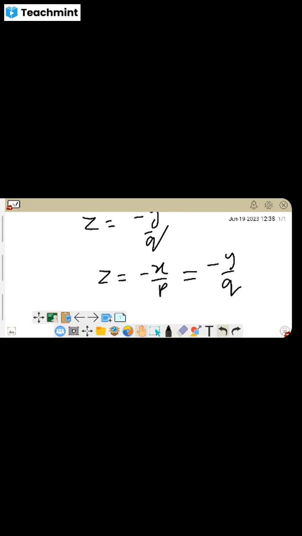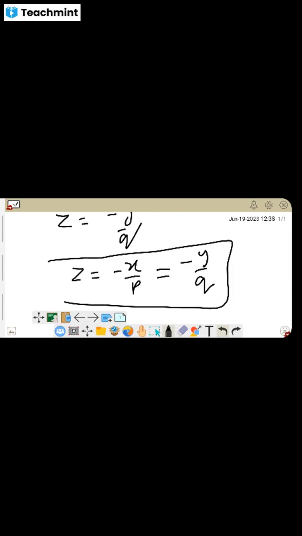and we eliminated the arbitrary constant from here.